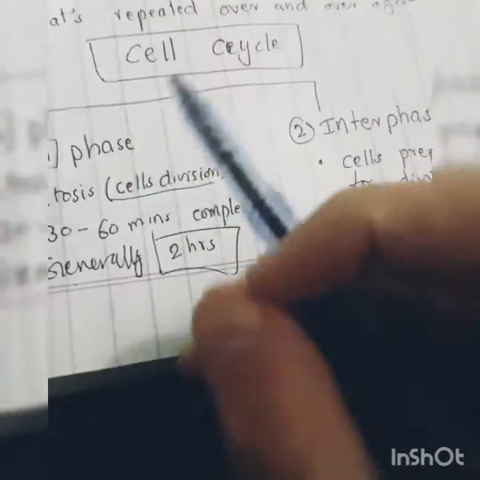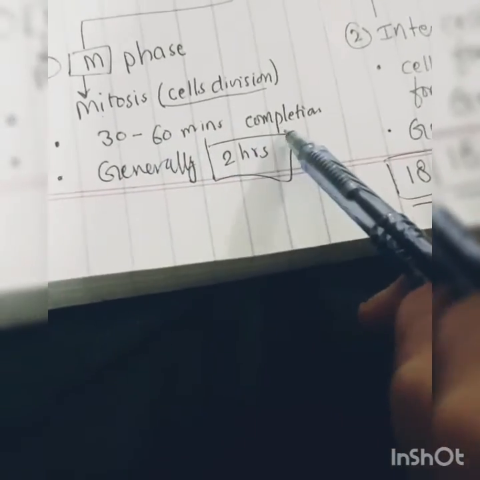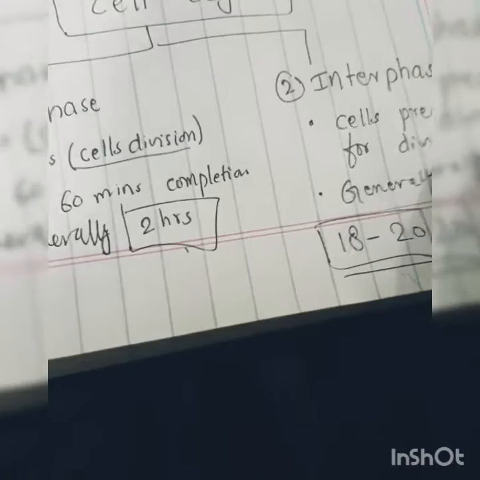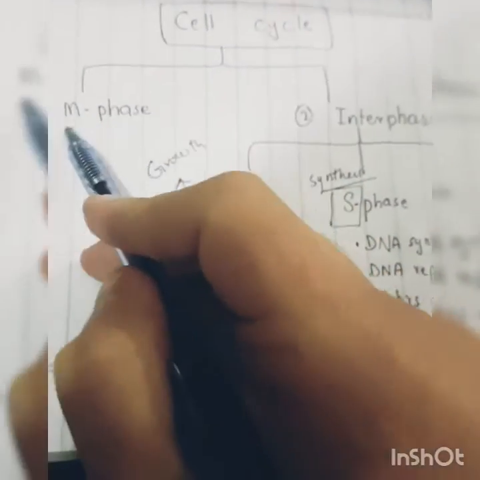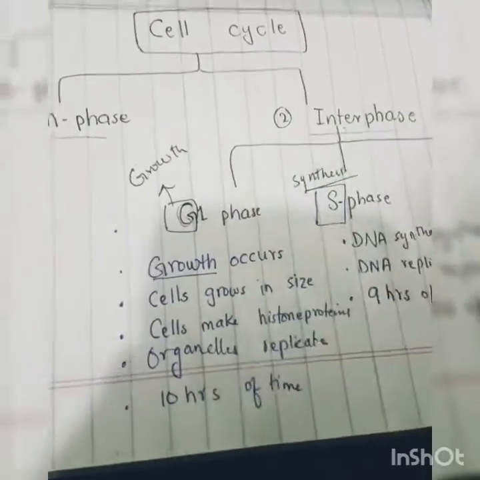It consists of two basic phases: M phase, meaning mitosis or division, which takes 30 to 60 minutes for completion, generally 2 hours; and interphase, where the cell prepares for division, generally taking 18 to 20 hours.